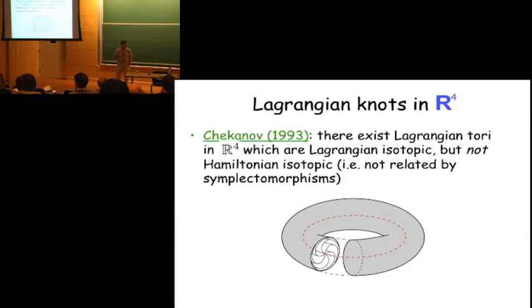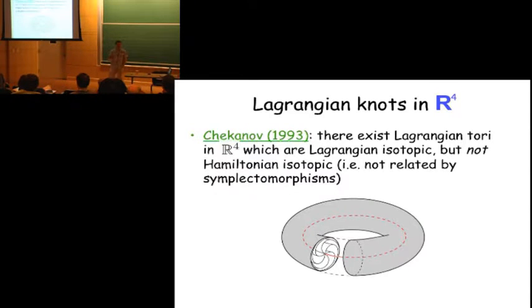In fact, an example of such a Lagrangian torus or knotted problem was constructed by Chekanov not so long ago, relatively recently, in 1993.